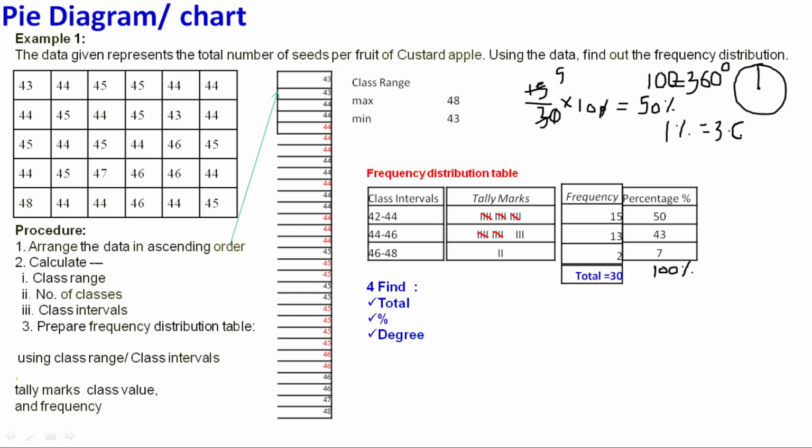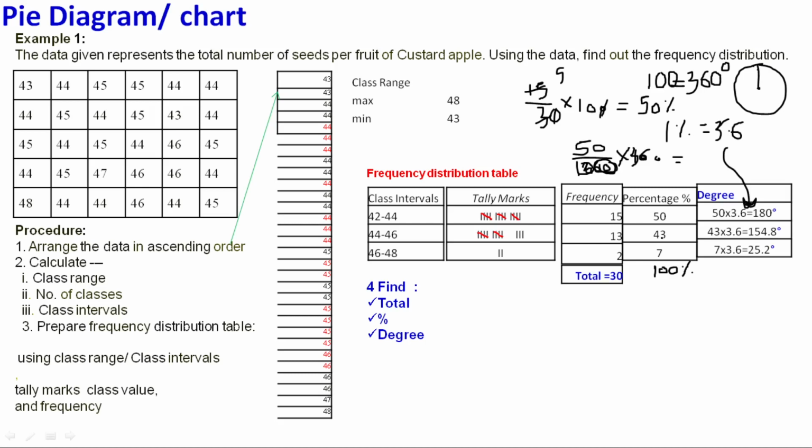There are different ways: either 50 upon 100 into 360, or 43 upon 100 into 360. Ultimately the figure you get is the degree of angle. In the first case it is 180 degrees, the second is 144.8 degrees, and the last one is the remainder. If you calculate all three figures, the sum should not exceed 360 degrees.